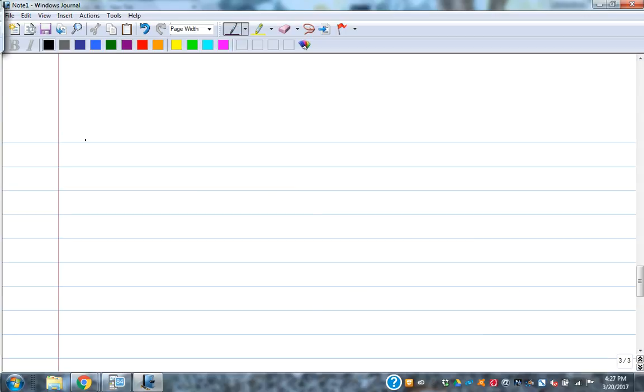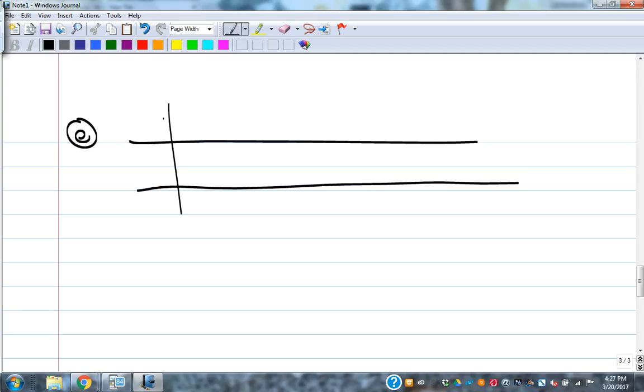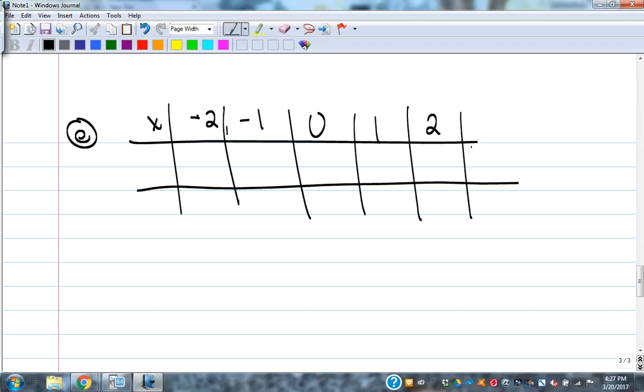You might see it written maybe like this, where you've got a table and you've got 3 things going on here. Maybe x is -2, -1, 0, 1, 2, 3, and then f of x is written here, g of x is written there.